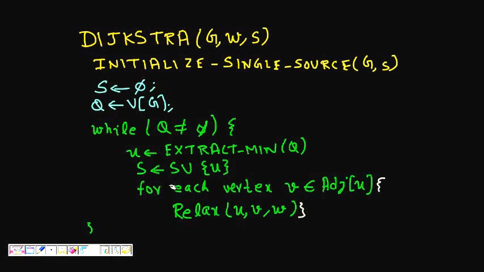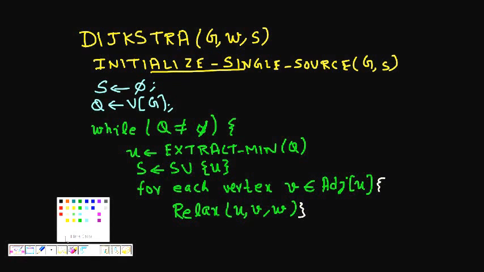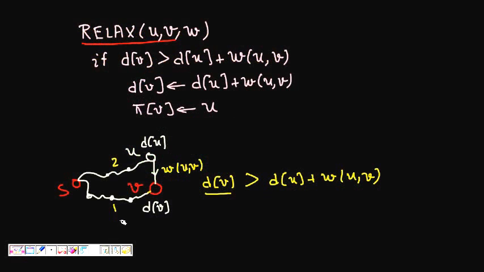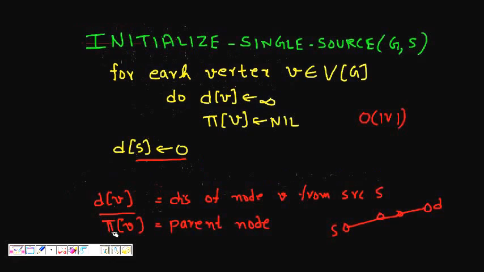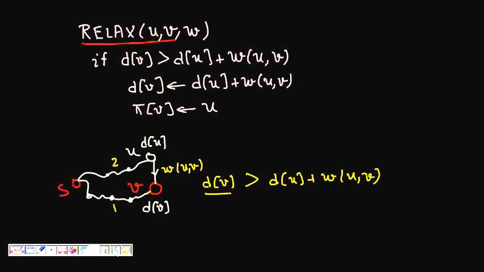Next is Dijkstra's algorithm itself, and it initializes the single source shortest path. That is done first, the single source initialization, where we made the distance of all vertices infinity and their parent null, and at the same time we made d of s as 0.